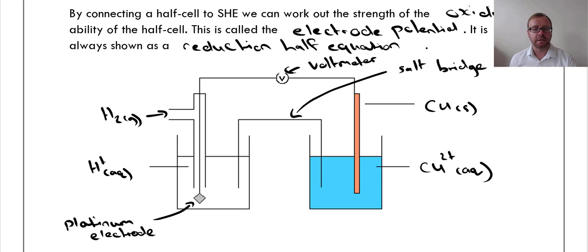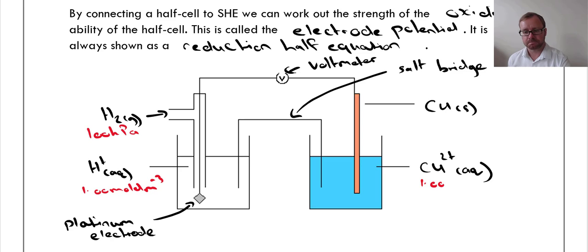And the other thing I need to do is write on my standard conditions. So my gas would be at 100 kilopascals. My solutions are at 1 mole dm-3. And I have a temperature of 298 K. Right, is there anything I have missed?